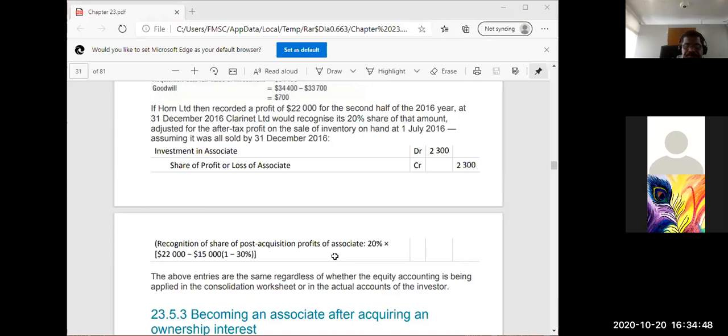17,200 and 17,200, so 34,400. Can you remember? Plus the share of profit for the period, 2,300. So that is your value of the investment in the financial statement. That is the value. In the balance sheet, you show this figure.